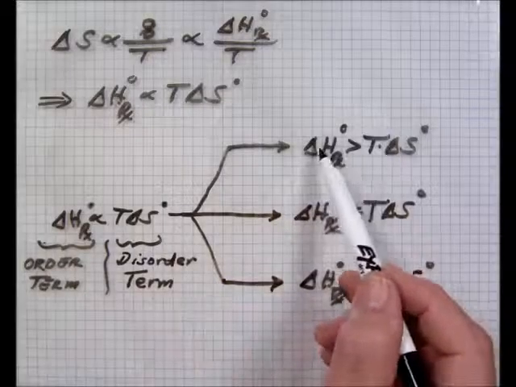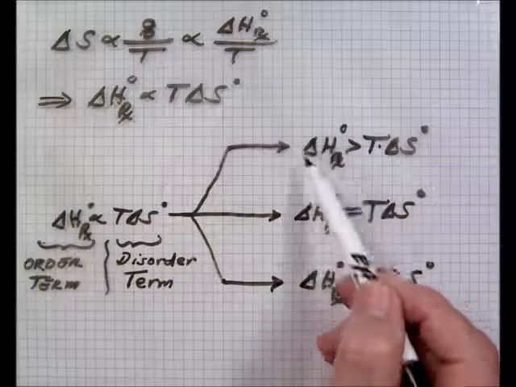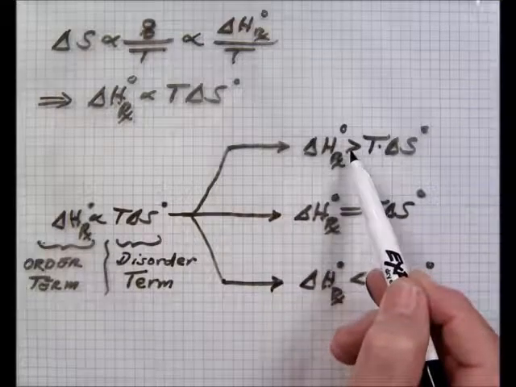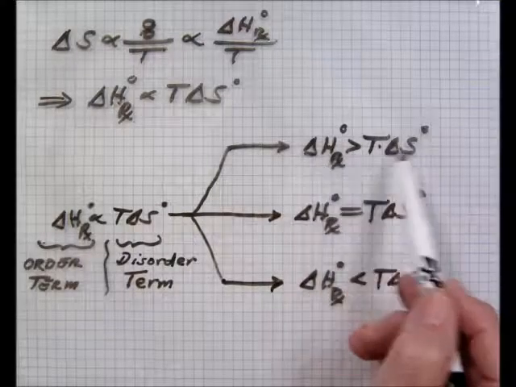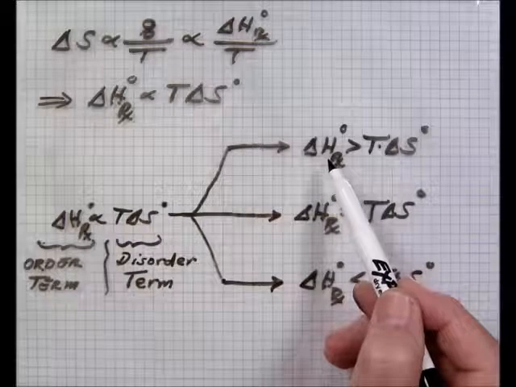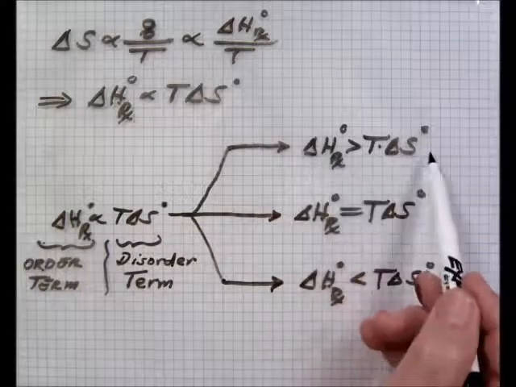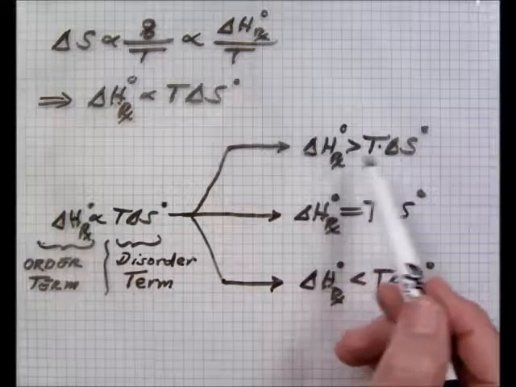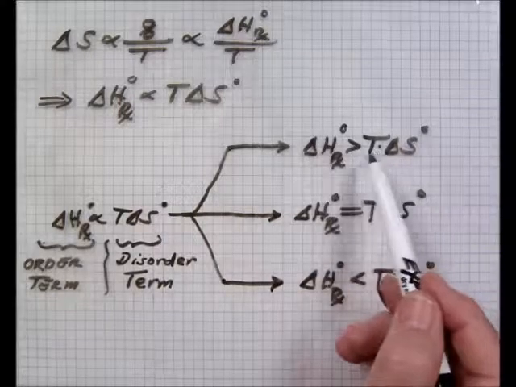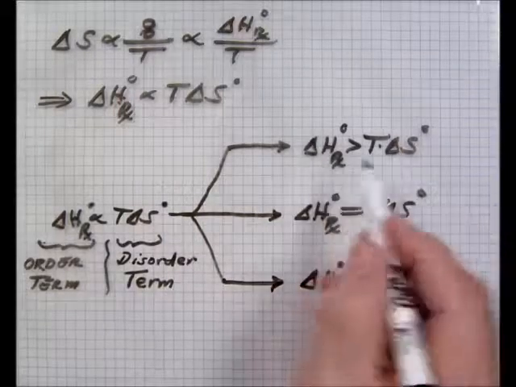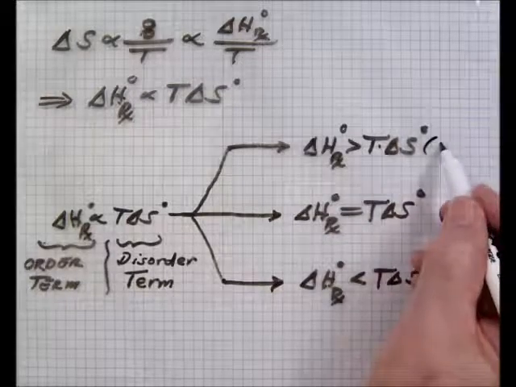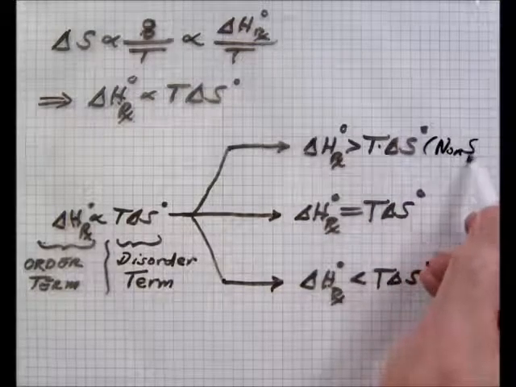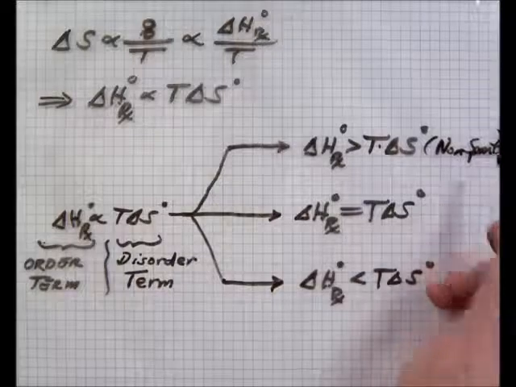Now notice how the inequality opens toward the delta H right there. That means if you make a calculation of delta H and T delta S, and I'll show you how to do that, delta S is just a Hess's law thing, right here. If you come out with this, we say the reaction is non-spontaneous.